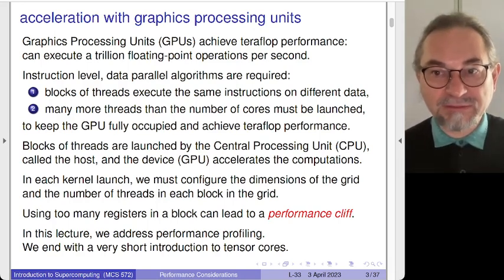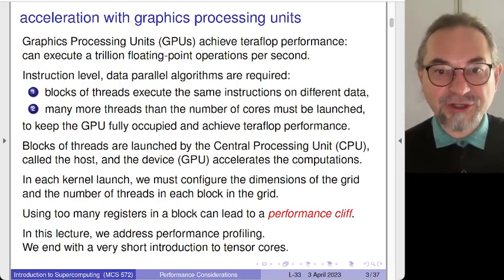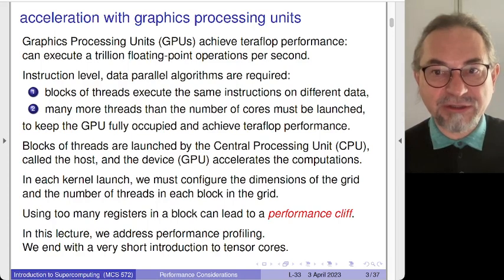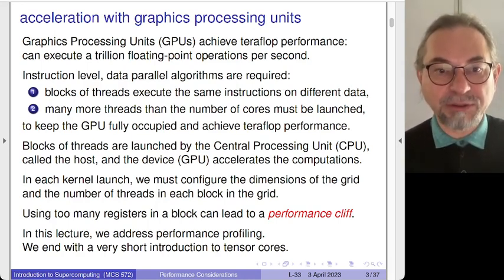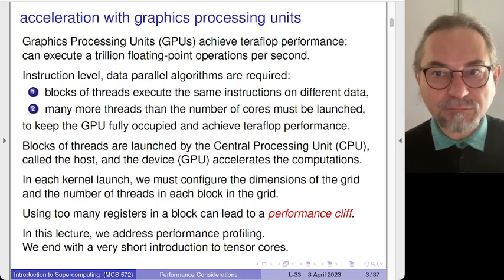Also, we can verify how many registers are used in each function, and there are profiling tools that will help us for this, and we can compute how many threads we can possibly launch. So we will get to the notion of performance cliff.